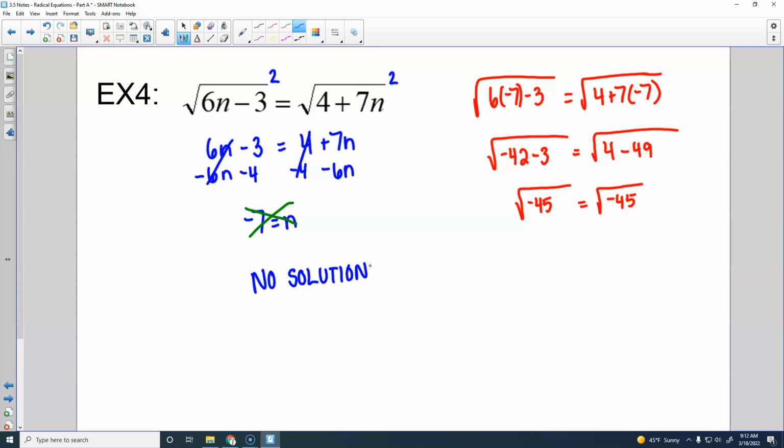I a little bit in my heart feel like negative 7 should be okay, because although these are imaginary, they do equal each other. But in the textbook it says it's no solution. This is a little bit of a gray area for me mathematically, and I don't totally accept their answer that they've given here.